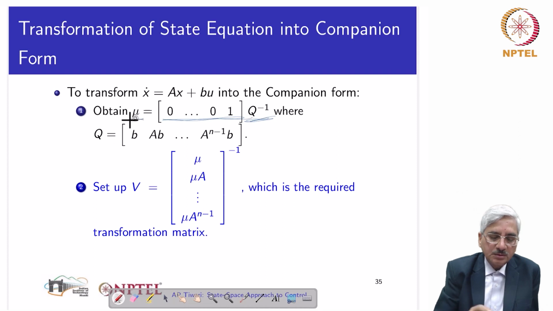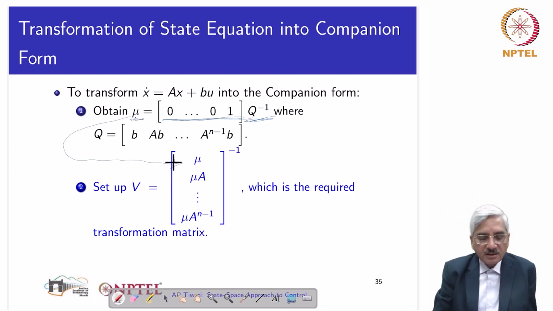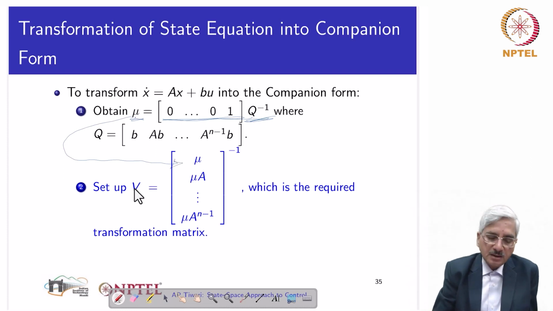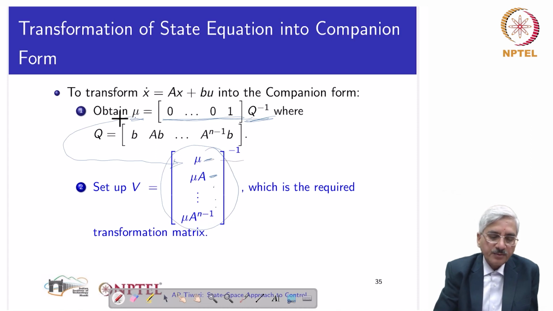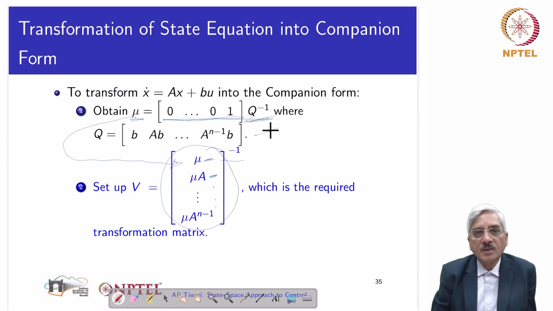So we set up this Q, and then we obtain Q inverse and select its last row as the vector mu. And then once mu is there, we obtain the transformation matrix as the inverse of this matrix, in which the first row is mu, the second row is mu A, and so on. The last row is mu A to the n minus 1. So these are n rows obtained once we obtain mu as the last row of Q inverse.